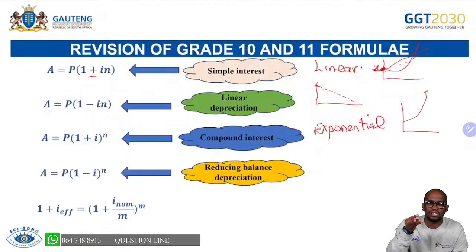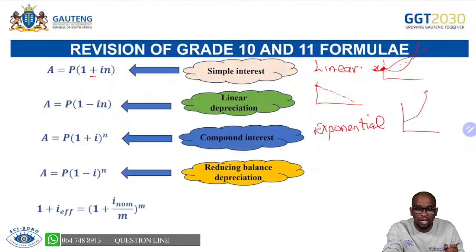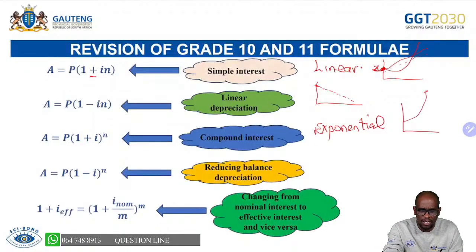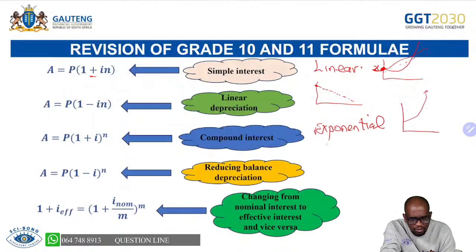But remember, I said to you, sometimes you have to move from nominal to nominal, okay? So you will need to have another formula for that one. Remember now, this is changing from nominal interest rate to effective interest rate and vice versa. Sometimes you have to move from nominal to nominal.